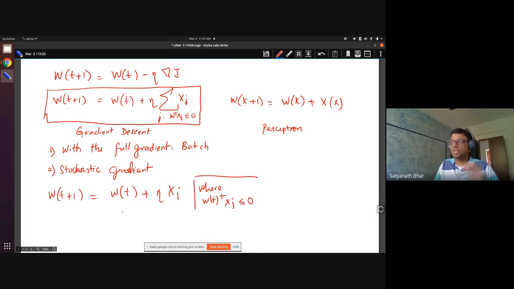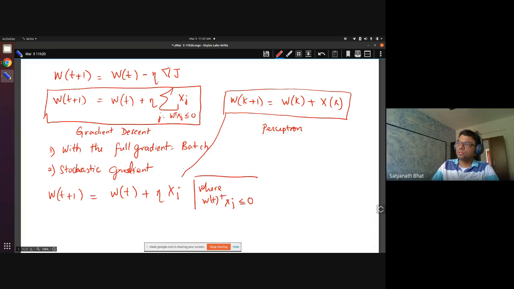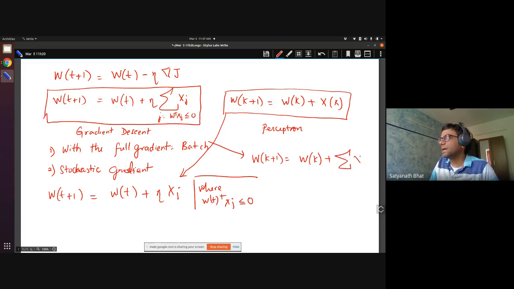So this is called a stochastic gradient. Likewise, this perceptron step is very, very similar to stochastic gradient descent. And analogously, like batch gradient descent, we can also have a perceptron which looks at all the samples, adds them up, and does xk. So this is like the batch version of the perceptron. So this is batch perceptron.